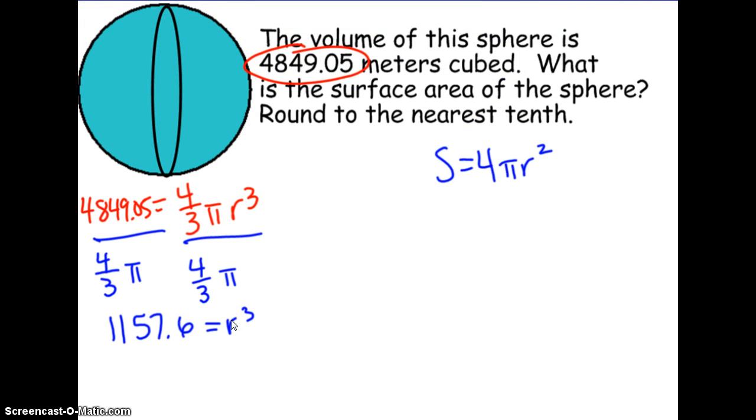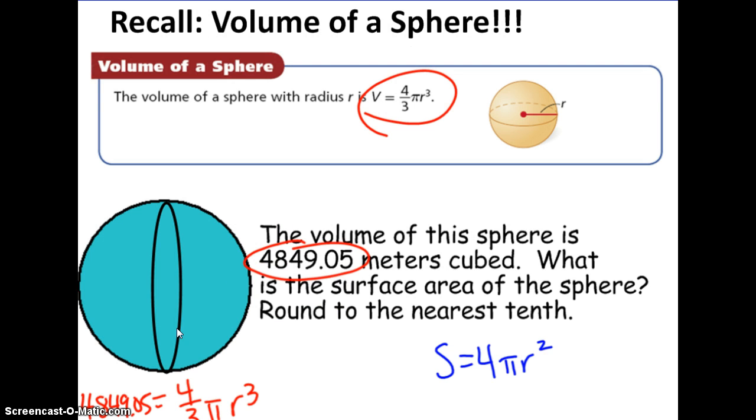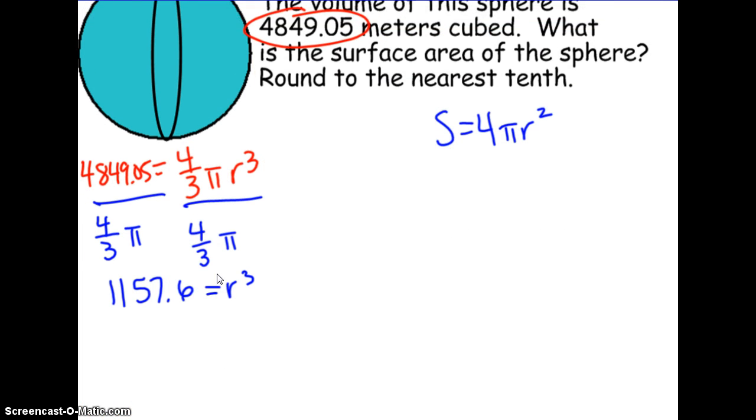Now, to get the r cubed off, recall from the previous video. Here's r raised to the third power. In the previous slide, we had r raised to the second power, and we did a square root. If r is being raised to the third power, we are going to need to do the third root, or the cubed root, of both sides. Now, to get the cubed root, see the button that looks like this little arrow on your calculator?